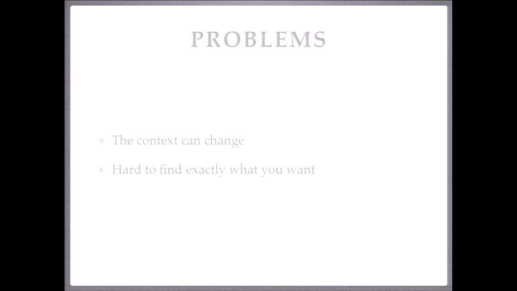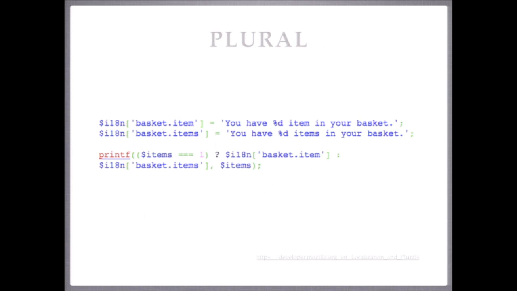And it's hard to find exactly what you want, because imagine a big array with all the keys and values. It's hard to see if a value already exists in that file, and if not, you have to create another one. And it's hard to know what it means, what welcome means. I don't know, what does it contain? And also when you are using plurals, it makes things even harder.